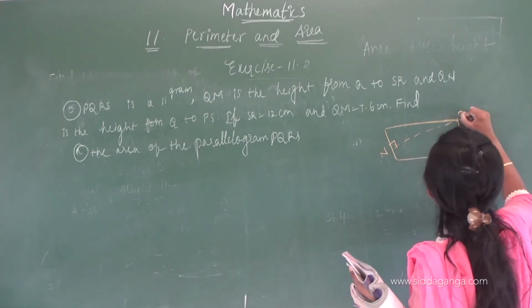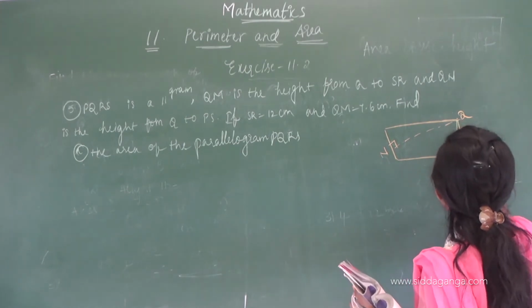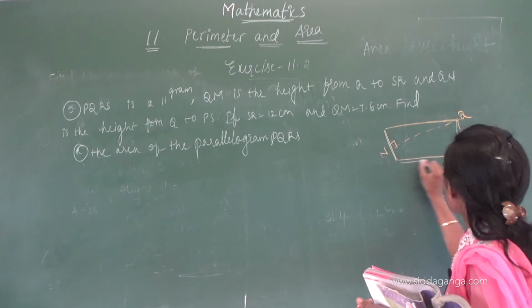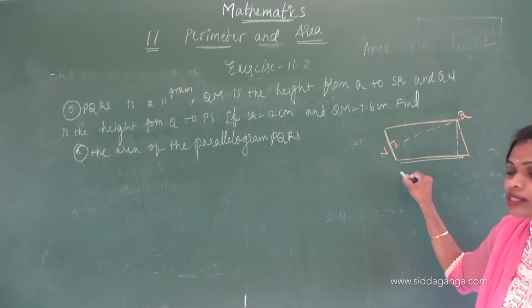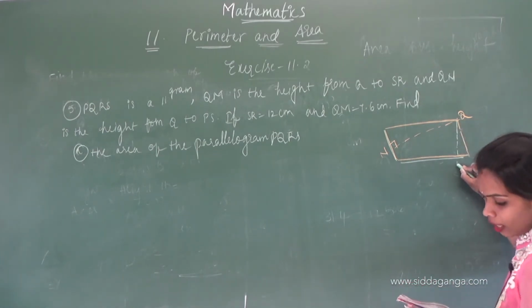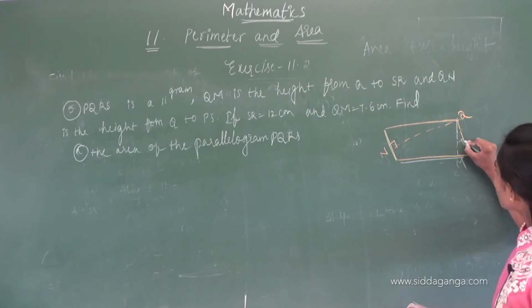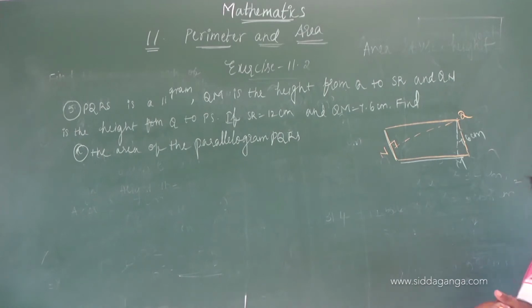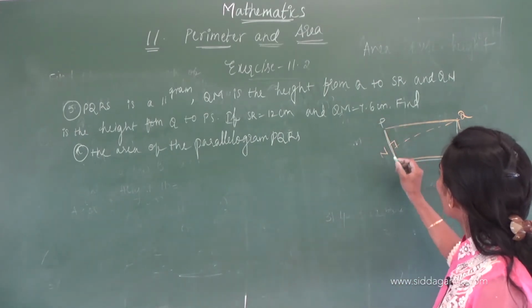And from the same vertex, one time they are taking this one as base, and this one they are taking as QM. And the height also they have given, 7.6.